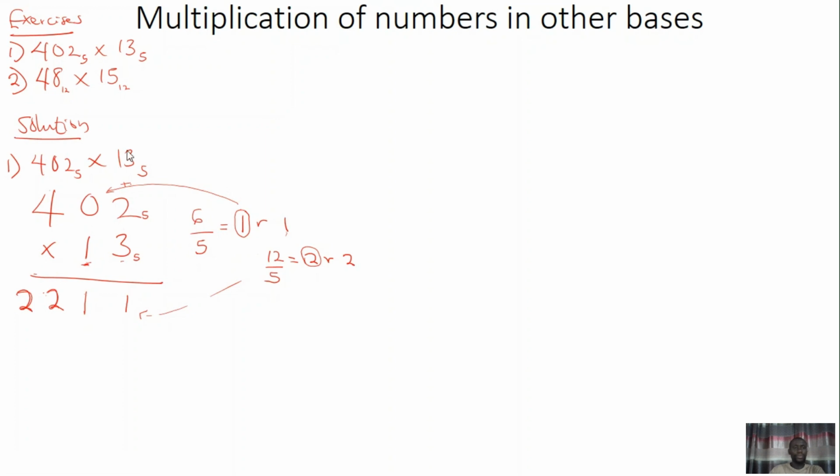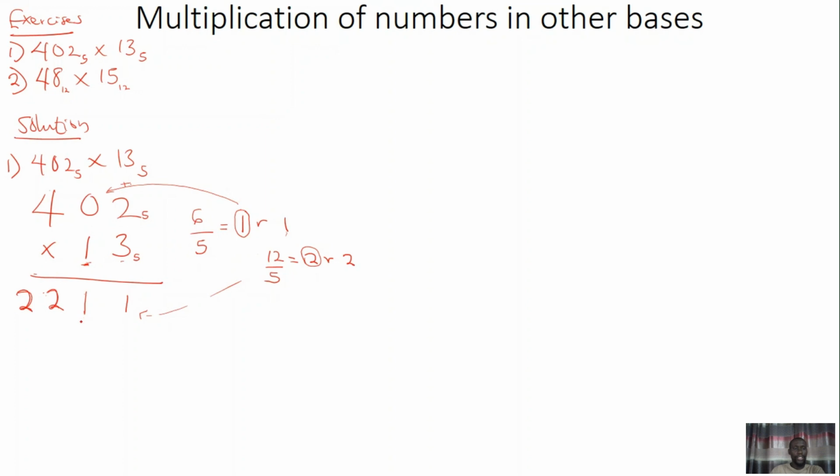Now let's start with multiplying 1 by 2. 1 times 2 is equal to 2. Since 2 is not up to 5, we don't need to divide it by 5.